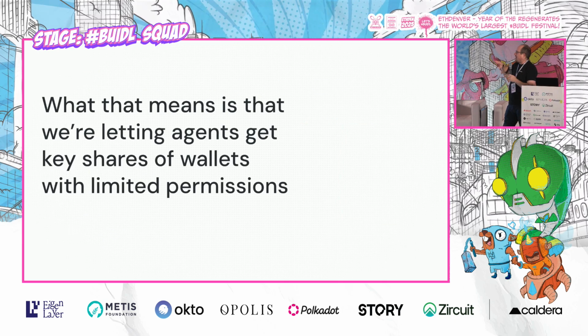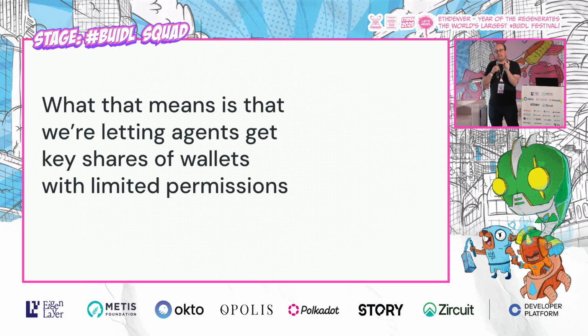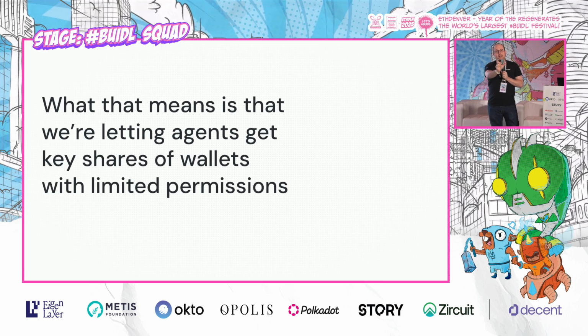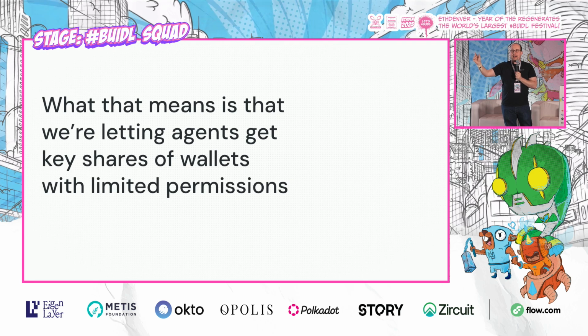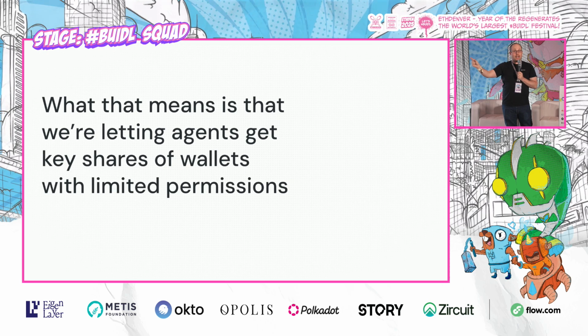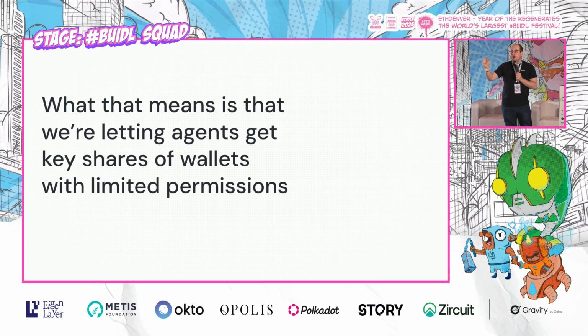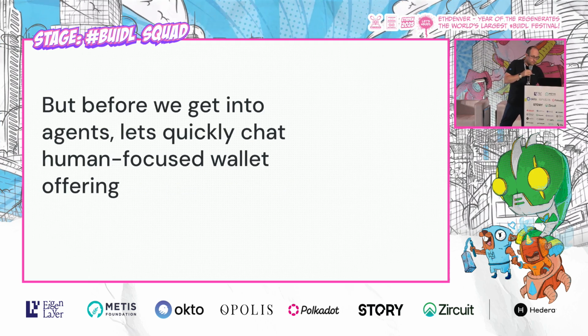What that means is we can give agents key shares with very limited permissions, and we'll see this architecture in a bit. You can get key shares with very limited permissions and hold the Dynamic or the server share to a rule engine for when to countersign or co-sign, right? So you can start building these really sophisticated flows based on this architecture.